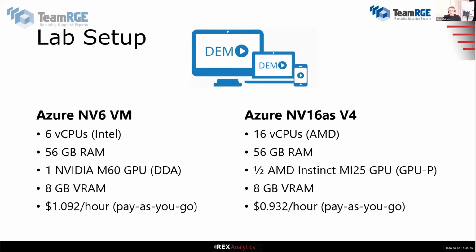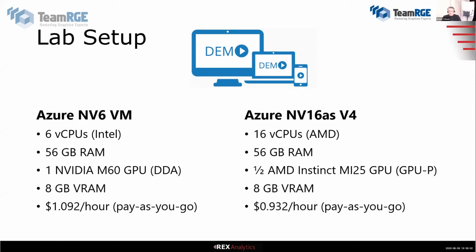But you see the differences here because they cannot be compared so easily because one has 6 vCPUs and the other has 16. They have the same amount of RAM, but one has a full GPU and the other only has a half GPU. If you just attended Jit's and Joe's sessions, AMD and NVIDIA, Jit's from NVIDIA and Joe from AMD, they walked us through the different types of GPUs they have.